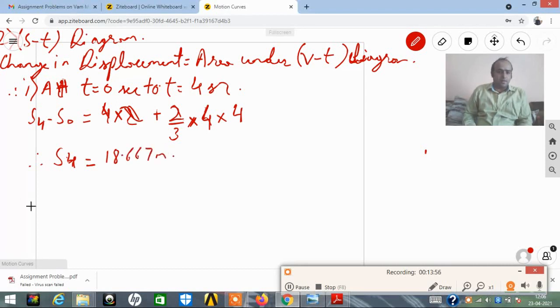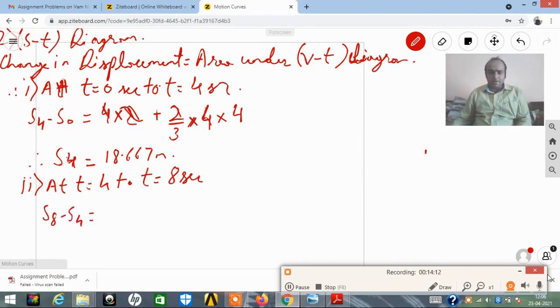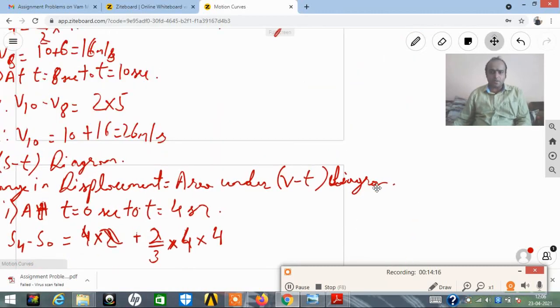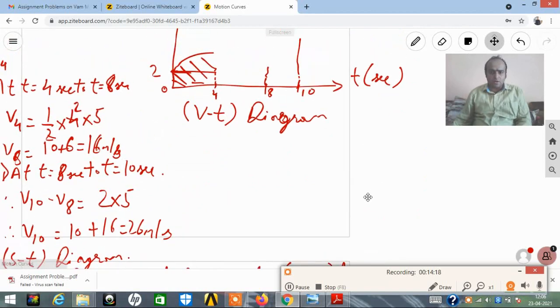18.667 meters. Now second, at t equal to 4 to t equal to 8 seconds, it will be S8 minus S4 is equal to the area of the V-T diagram.